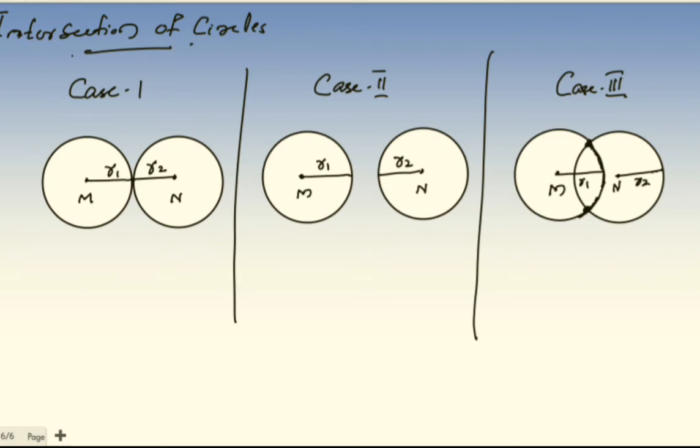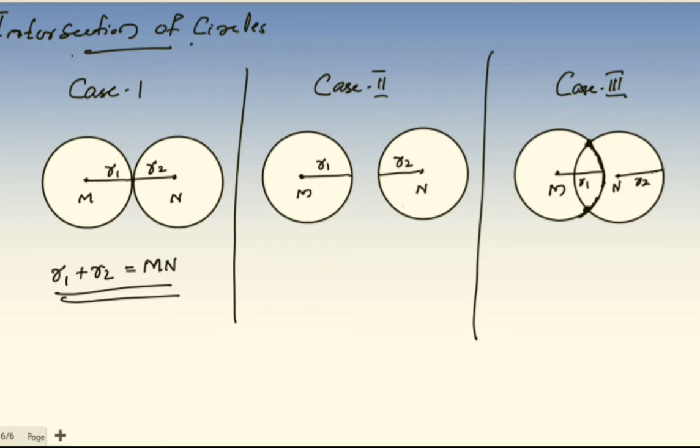The sum of the radii, that is R1 plus R2, is the same as the distance from center to center, that is MN, the center of the first circle to the center of the second circle. Find out the radius of the two circles, add them, and then find the distance between the centers. Then if they are equal, if they are the same, it means they touch at only one point. Only one point, okay? They touch at one point.